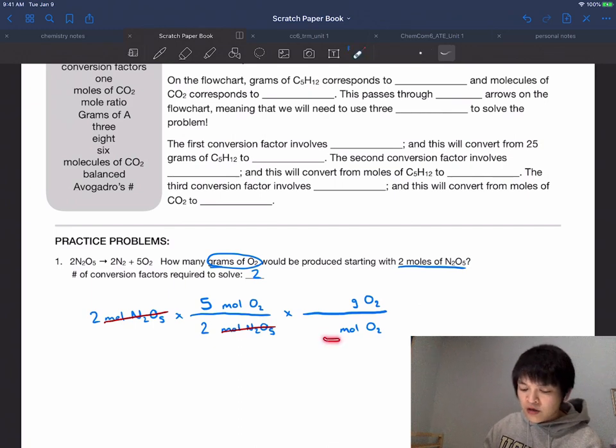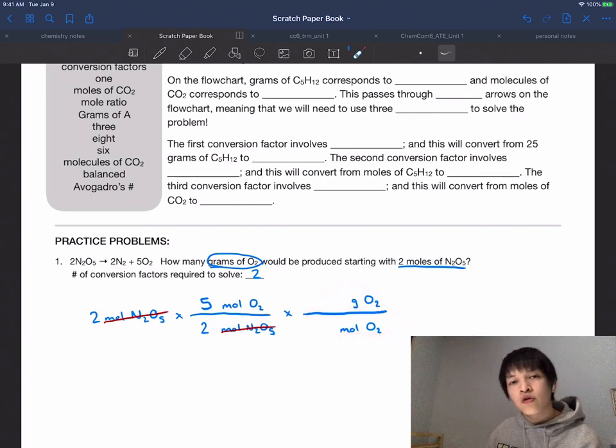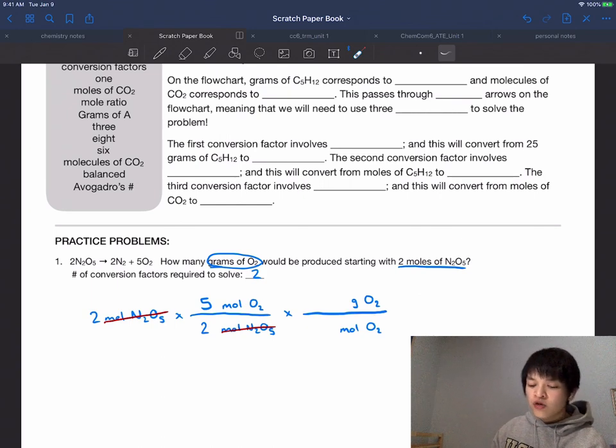This, if you notice, is a molar mass, because I have moles and mass. For a molar mass, according to the flowchart, we have to look at the periodic table. We're trying to get the molar mass of O2.